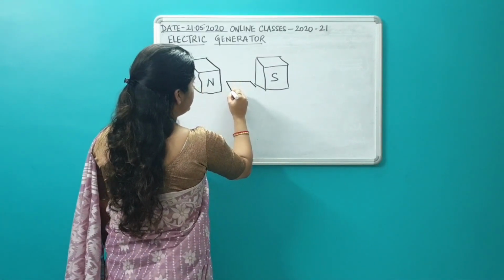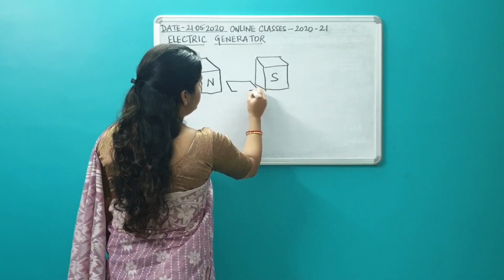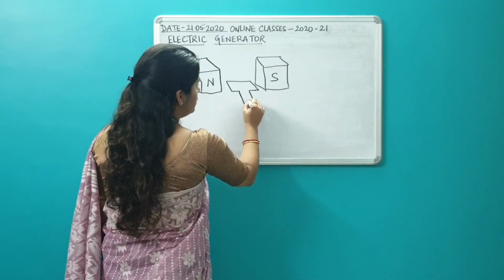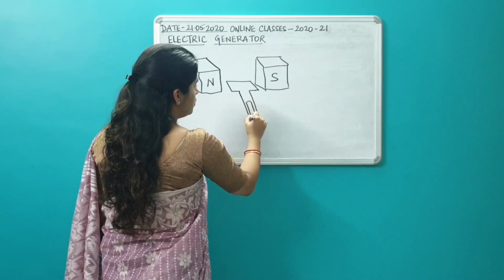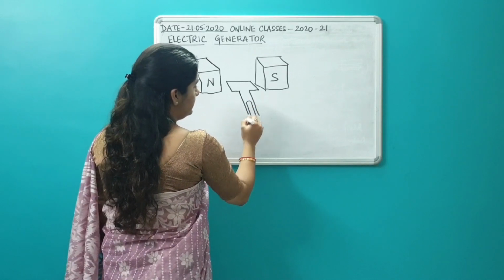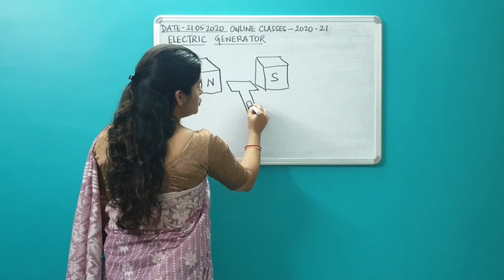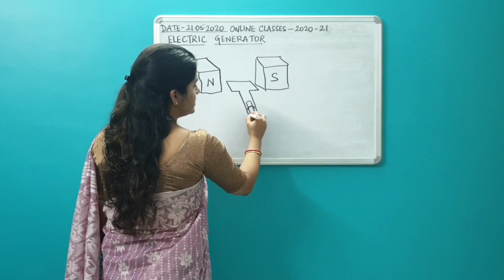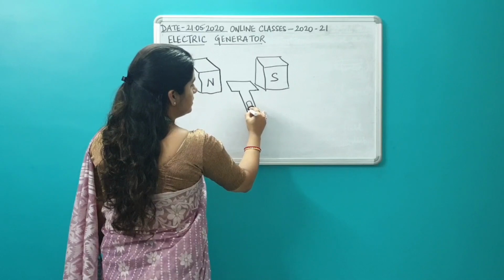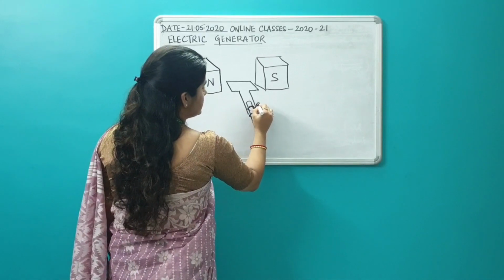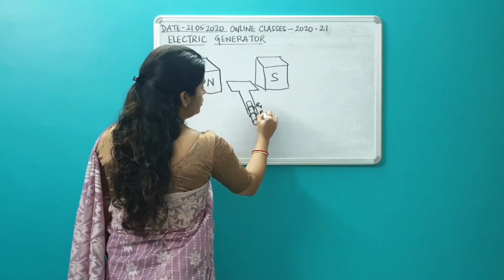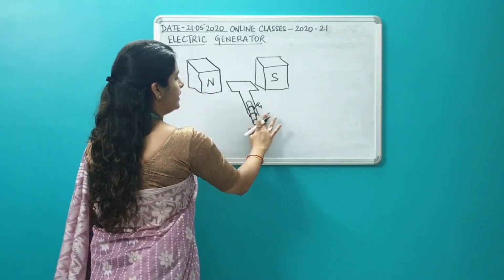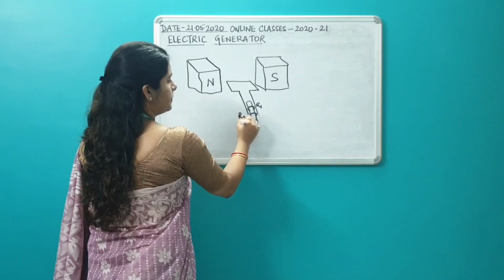This is the rectangular coil, and it is attached to an axle. This axle has two rings. Suppose this is R1 and this is R2.